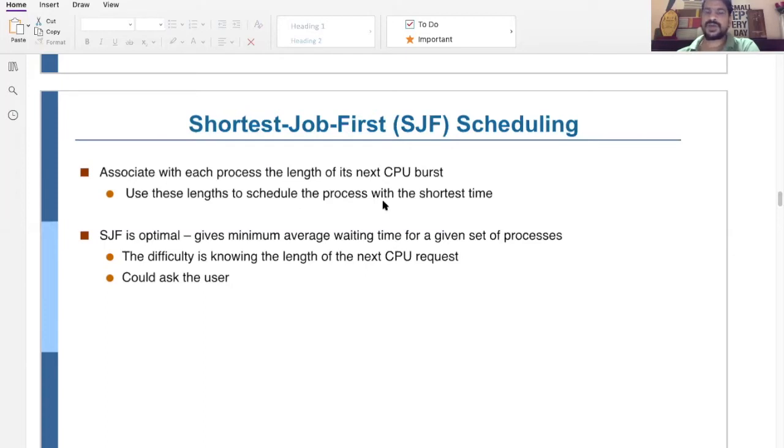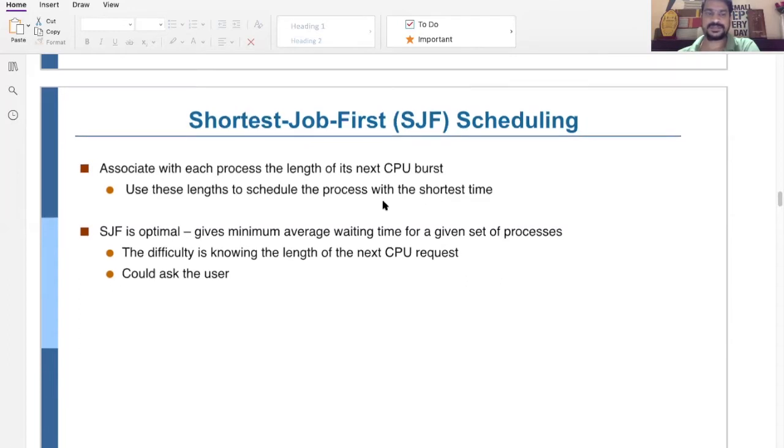That is a requirement of shortest job first: if a process is ready to run, the scheduler should know the burst time of each and every process prior to its execution, because it is in the ready state.